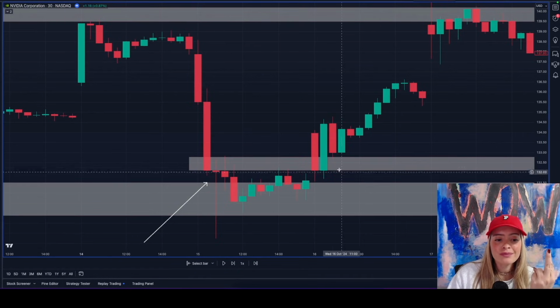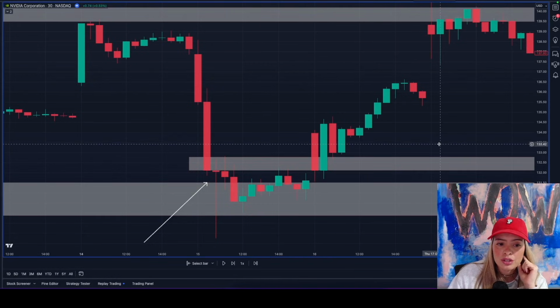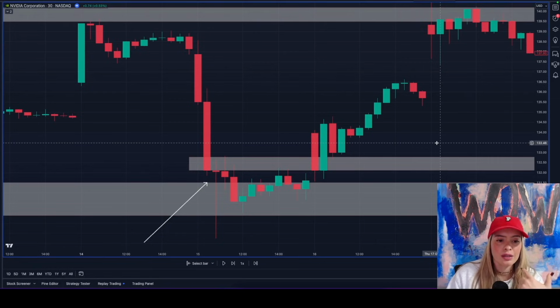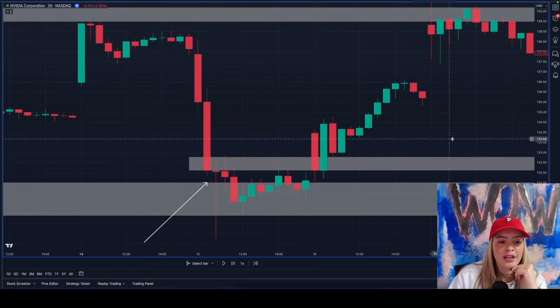It's using previous resistance as support, and then it's making higher highs and higher lows. So it's giving me three messages there, right? That most likely it's gonna go higher. So that will be my entry. My entry will be a clear sign of this previous resistance acting as support.